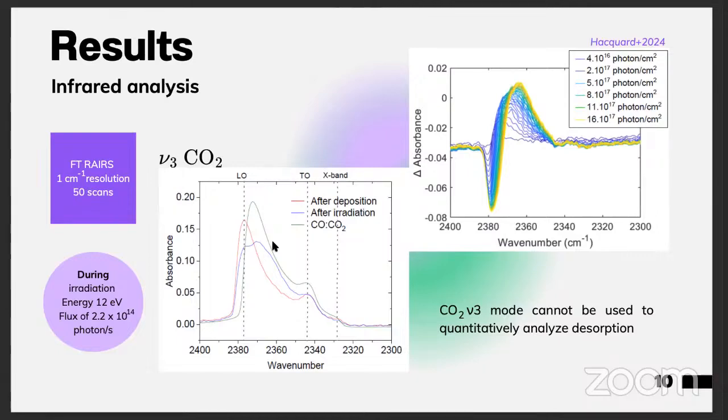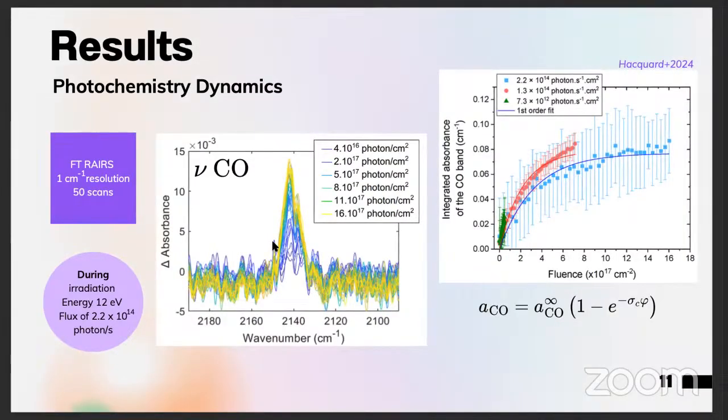So for CO2, we make the hypothesis that the CO2 stretching mode cannot be used to quantitatively analyze the desorption of CO2. So we focus on CO, which we consider to be a good marker of the chemical evolution of the bulk, as the band is only growing during the irradiation.